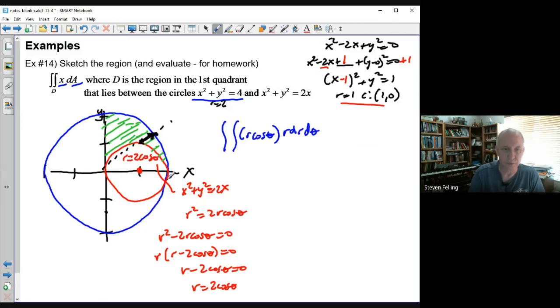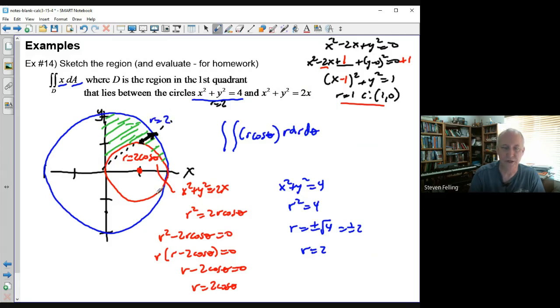So if I plug in a theta value, this tells me how far out I am. Now the blue one, we could do something similar. For the blue, we have x squared plus y squared equals 4, which we know is r squared equals 4, which would just be r equals plus or minus the square root of 4, plus or minus 2, but r's are never negative, so r is always 2, which we actually already knew, right?